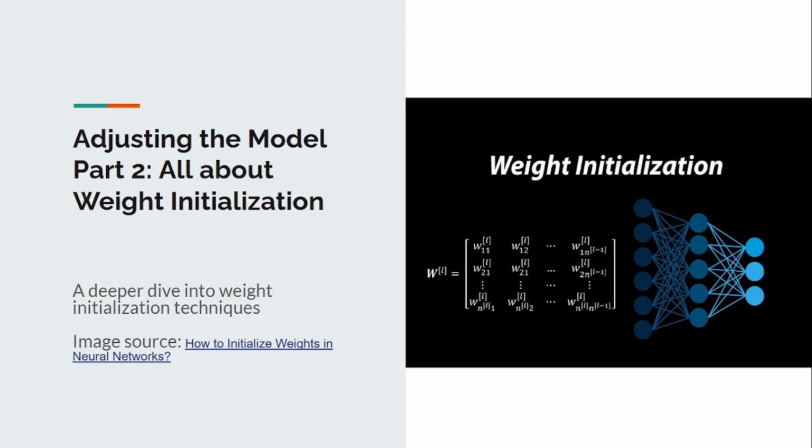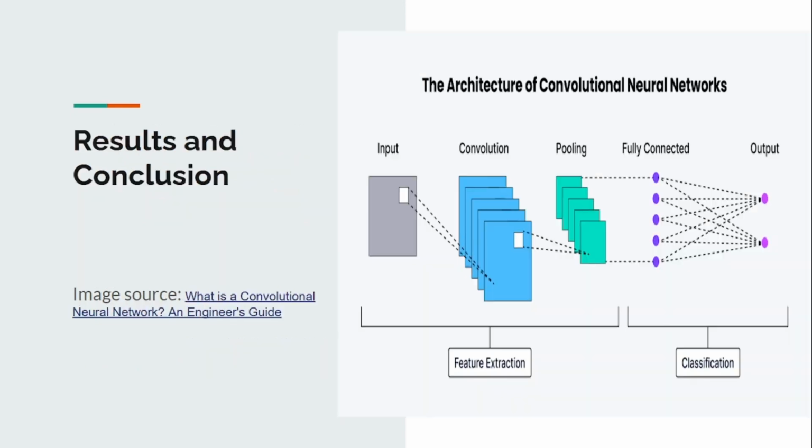Initially, my model used a standard weight initialization approach, but after analyzing my results, I realized my model's performance could be improved by optimizing the way weights were initialized. That's when I decided to implement key initialization, which is specifically designed for networks that use the ReLU activation function.